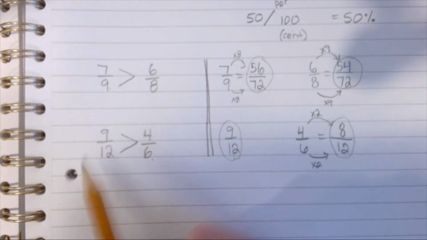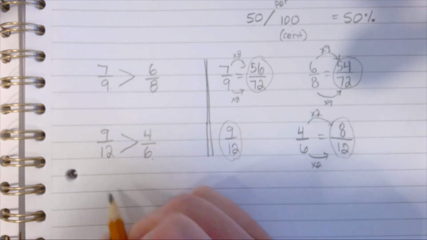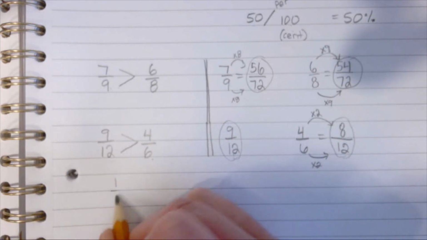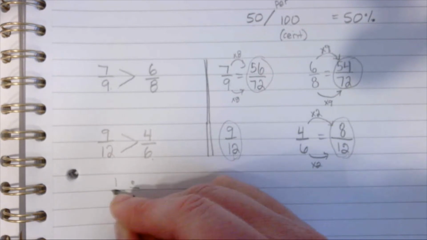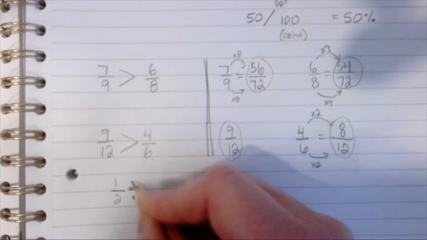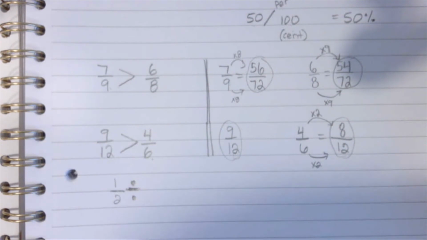If I wanted to check my work or show my work in a different way, I might choose to do it on a calculator and by changing these fractions into decimals, because a fraction, even the way it looks, is like division. You have a number at the top and a line and a number at the bottom.